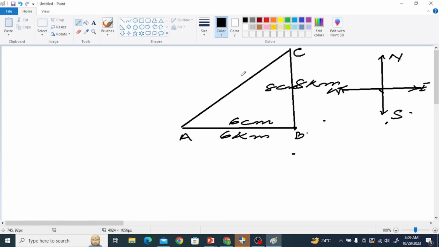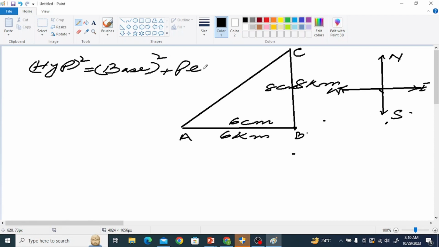Now you can measure this displacement by scale diagram, as well as by following the Pythagoras theorem, that is hypotenuse square equals base square plus perpendicular square. This is Pythagoras theorem, and we can only use it in the right angle triangle case.